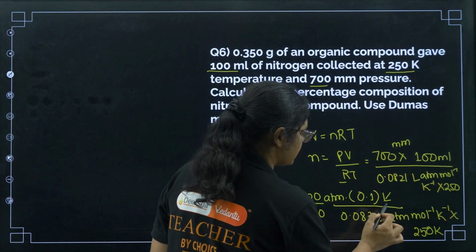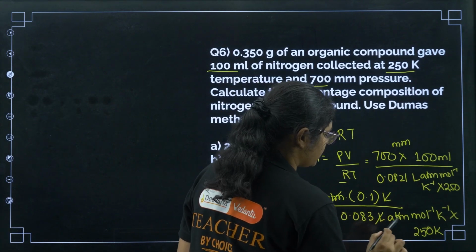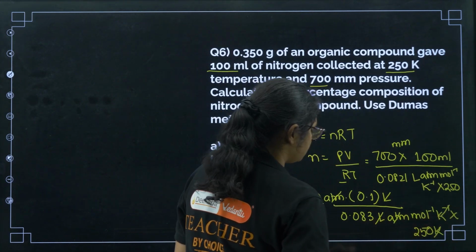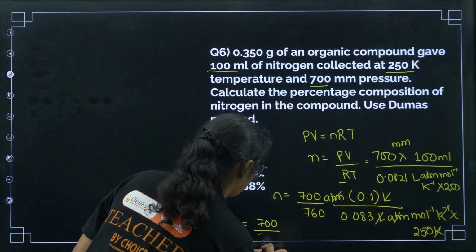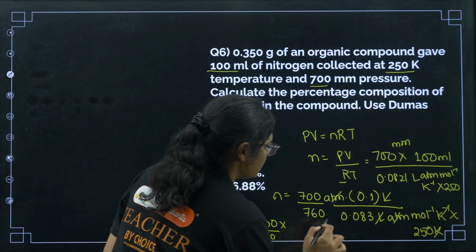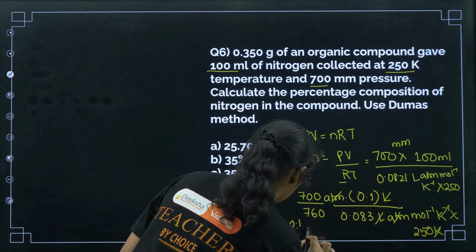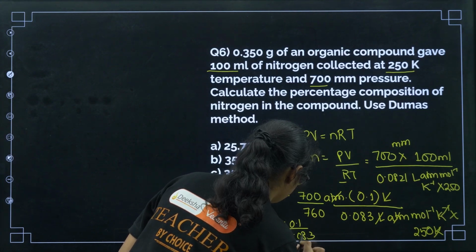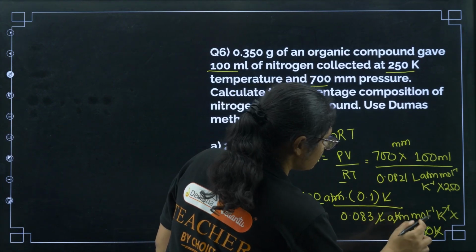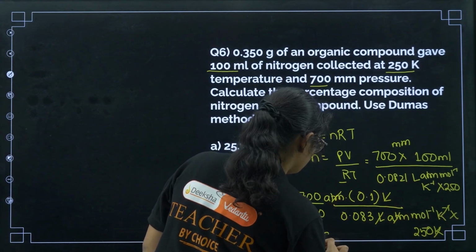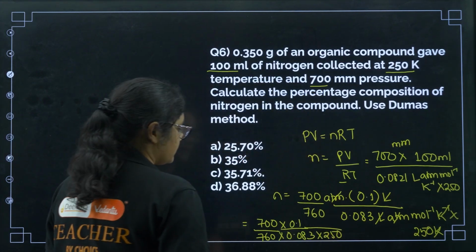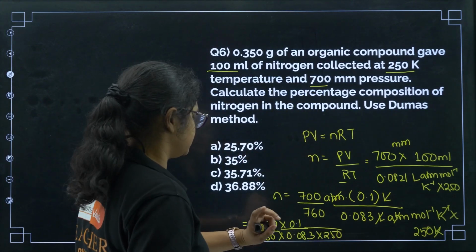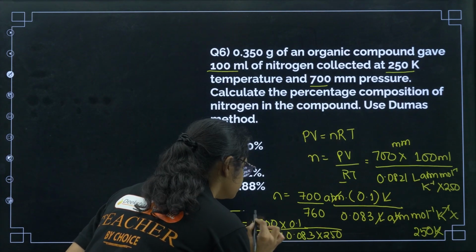Now you can see liter will get cancelled, ATM will get cancelled, Kelvin inverse Kelvin will get cancelled, and finally what I will be left with is 700 by 760 into 0.1 by 0.083 into 250. Clear this one? Yes. So this is the number of moles.